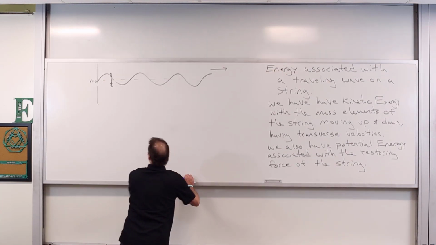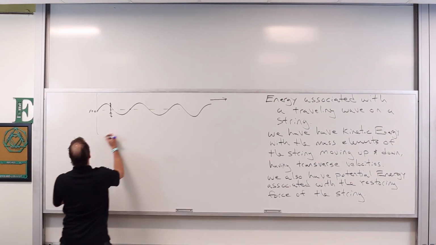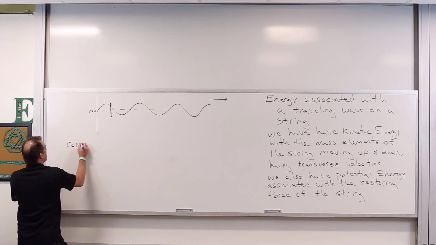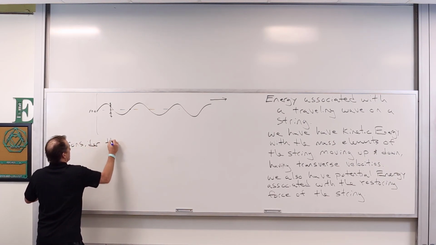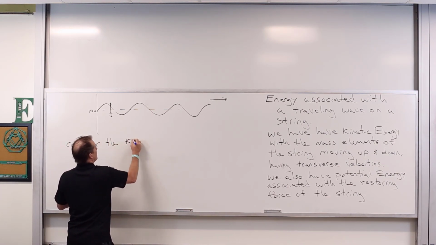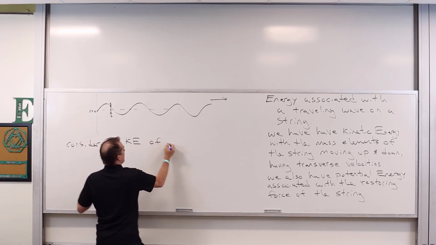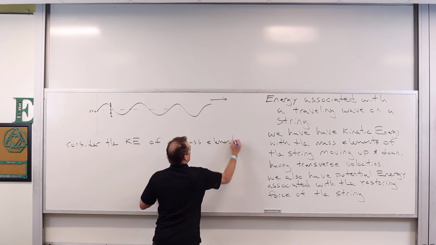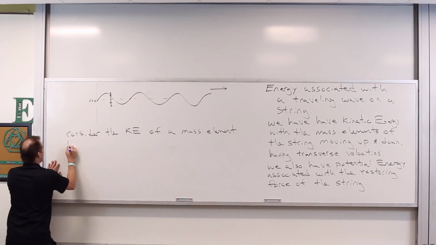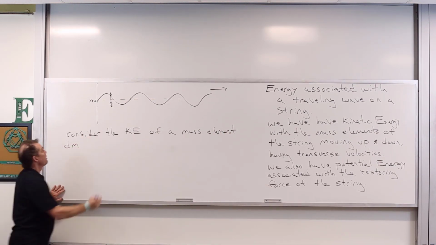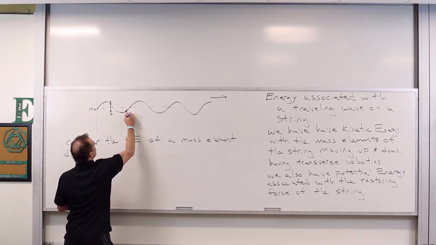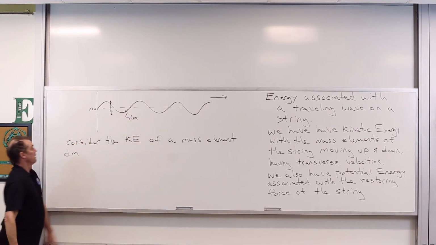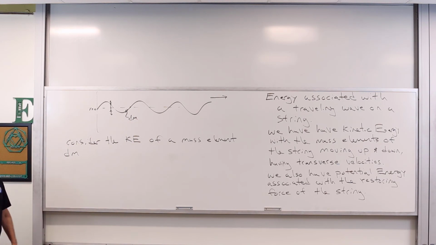So let us consider the kinetic energy of a mass element dm. We just take some little mass element here, infinitesimal, called dm. The string has some overall total mass, and these are just infinitesimal mass elements.